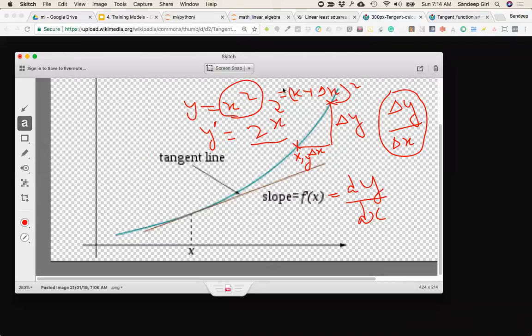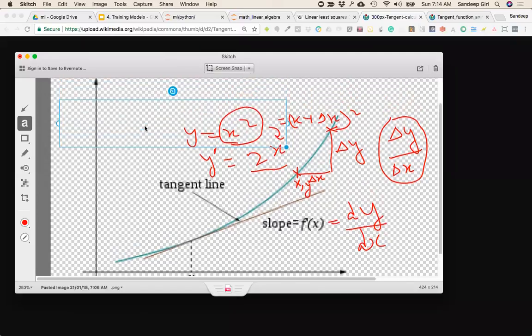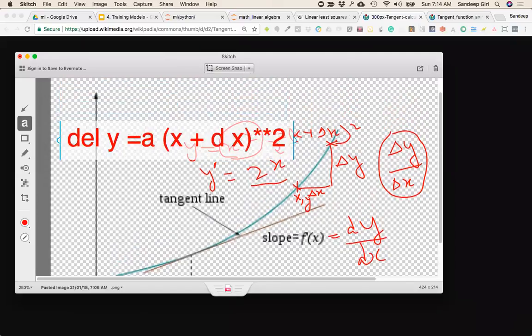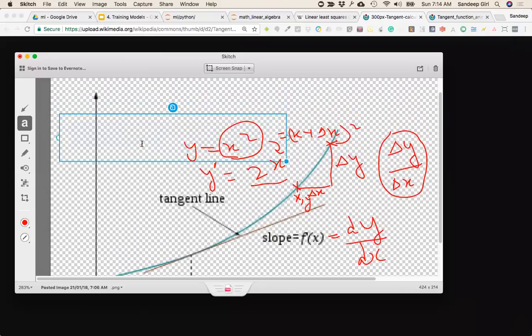Let me just write it in a clear fashion. So it's going to be delta y, okay? I'll just write d and dx, right? And the square of it, correct? Oh, what happened here? Why is it not letting me write?